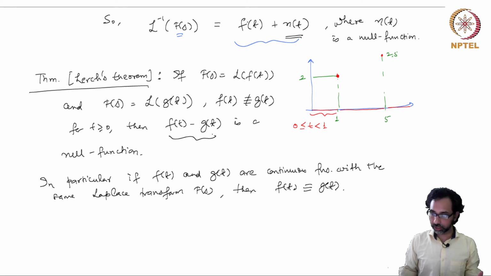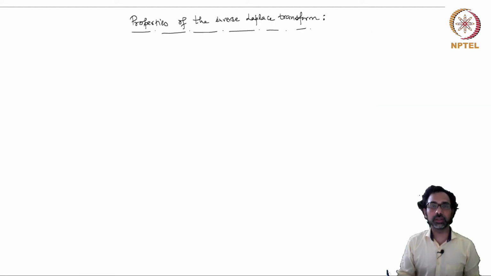So in this sense, the only option for the difference f(t) minus g(t) is 0. So we see that if f(t) and g(t) are continuous functions with the same Laplace transform, then f(t) must be equal to g(t). Now let's look at the properties of the inverse Laplace transform.